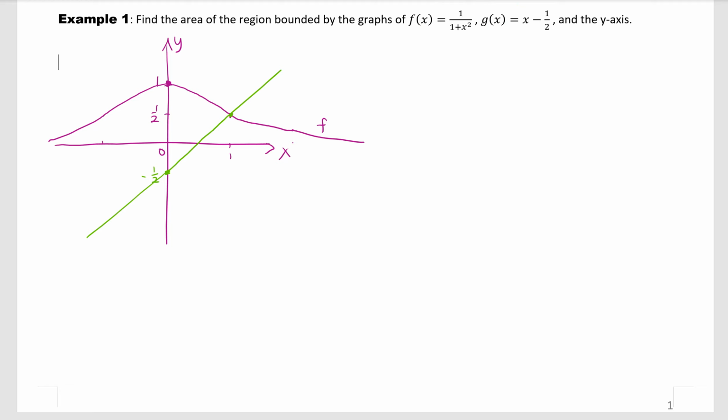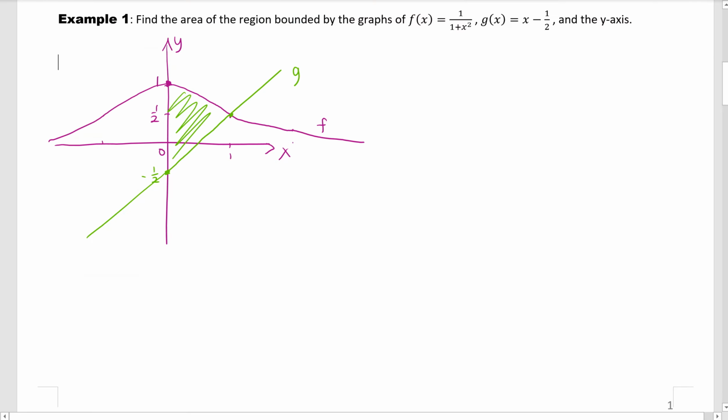So you can see from the graph. Alright, so this is g, and we're looking for the area bounded by f, g, and the y-axis. This is the y-axis. So this is the area we're looking for. Okay, let's continue.